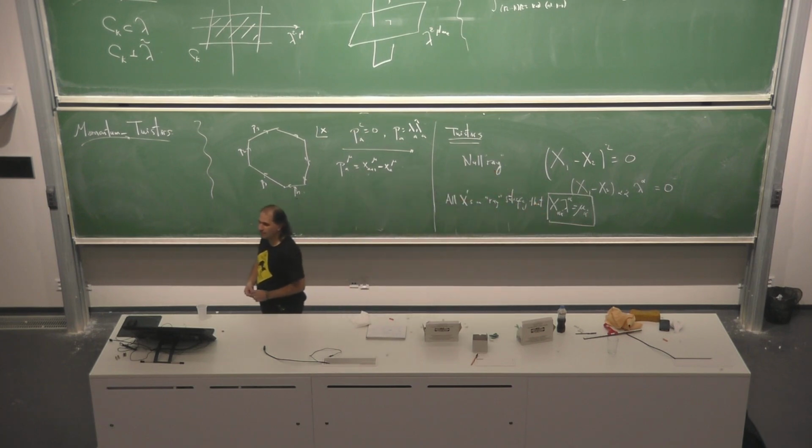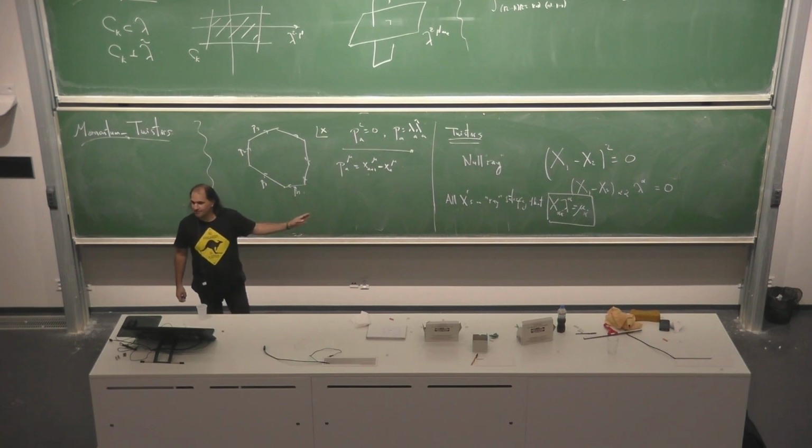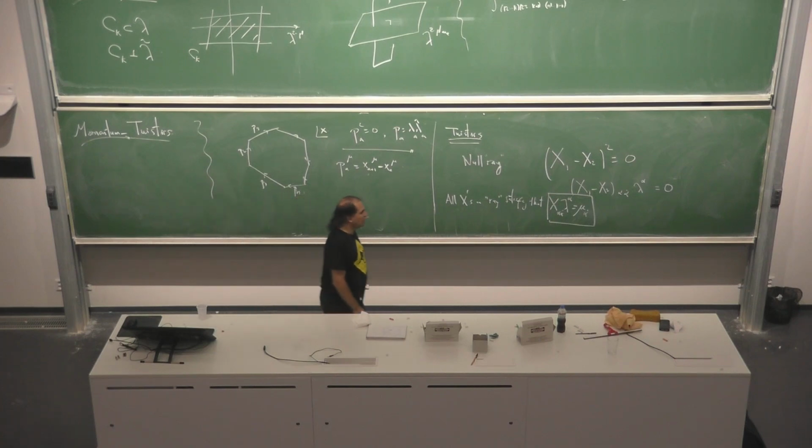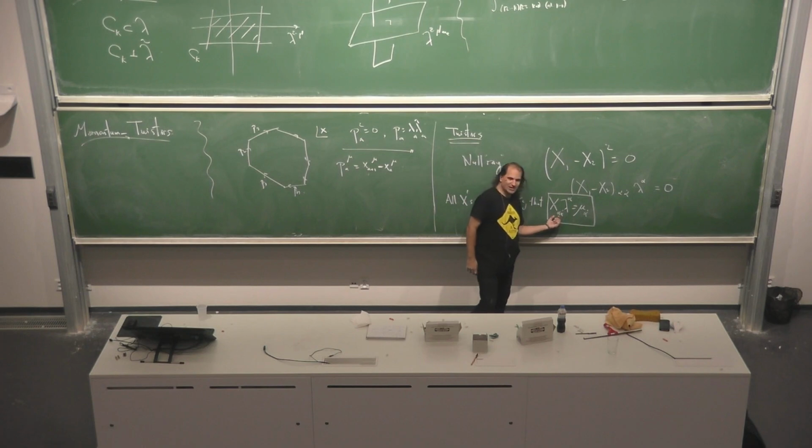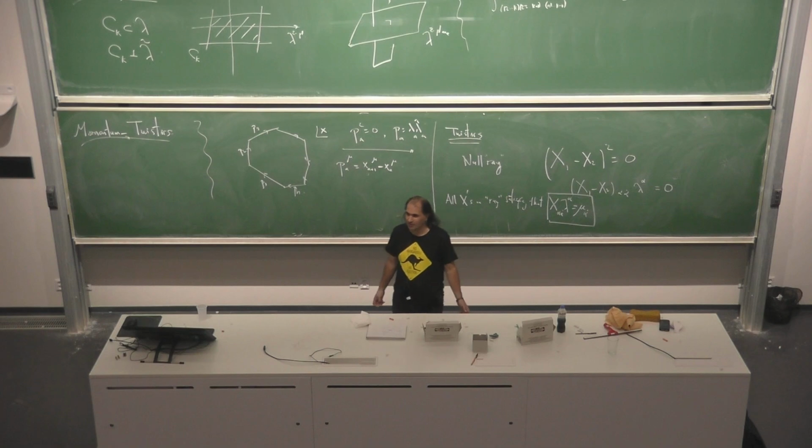And that's the Penrose incidence condition. So this is a linear equation in X space, and all the x's that satisfy this equation are null separated from each other. Is that clear?